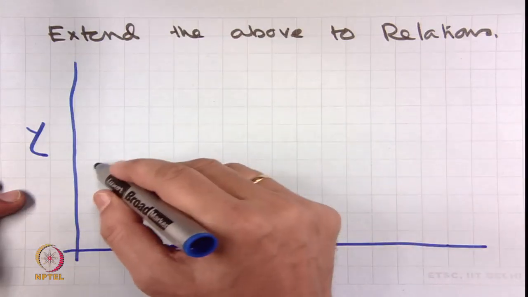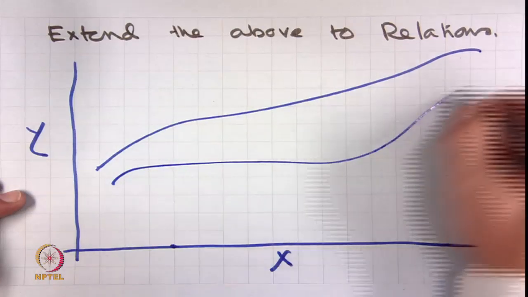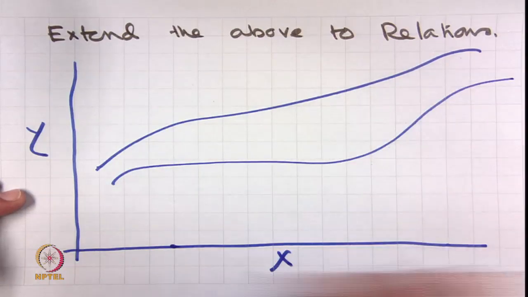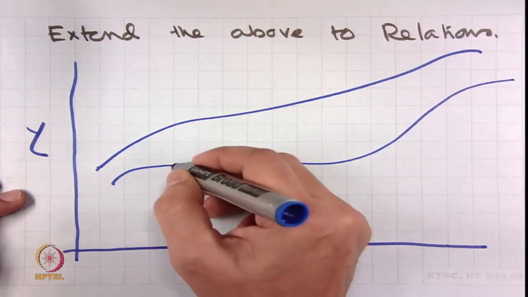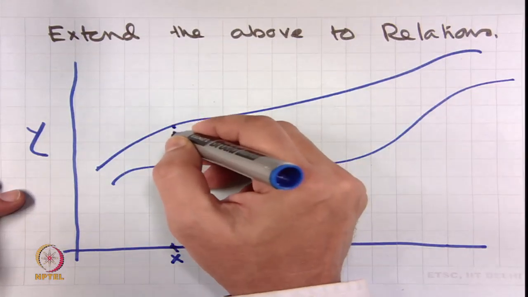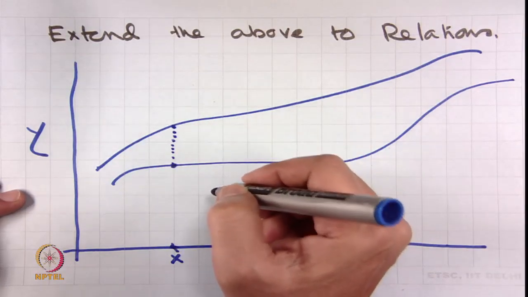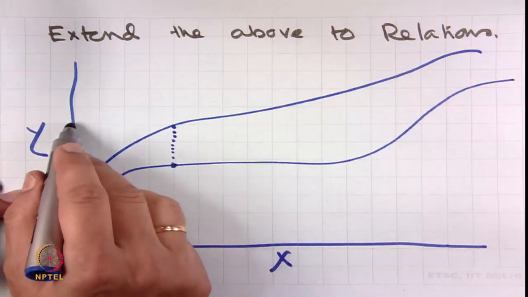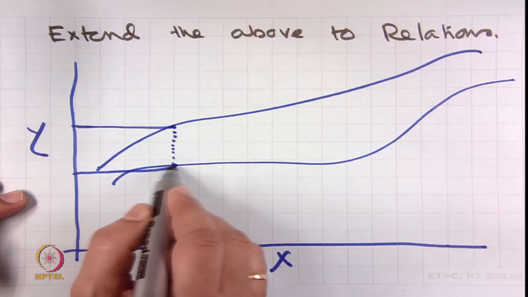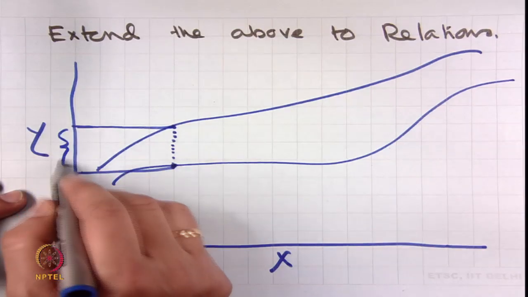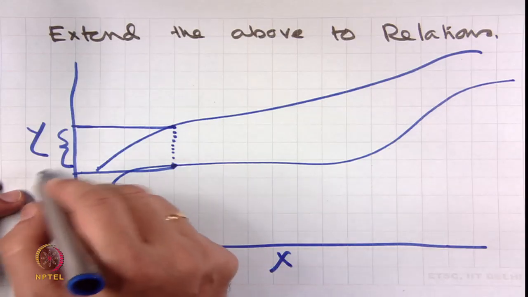So, let us assume that we get something like this. Corresponding to each x, we know what are the y values that are associated with it. So, given x, now I can identify this set of values which are associated with x.